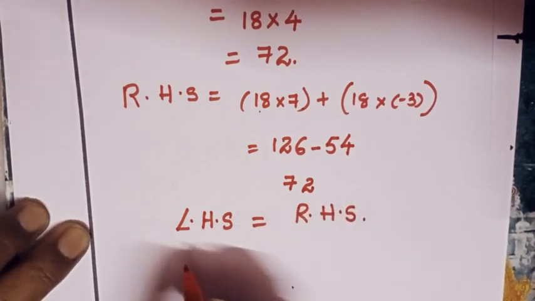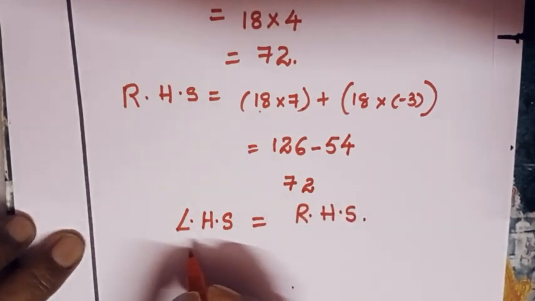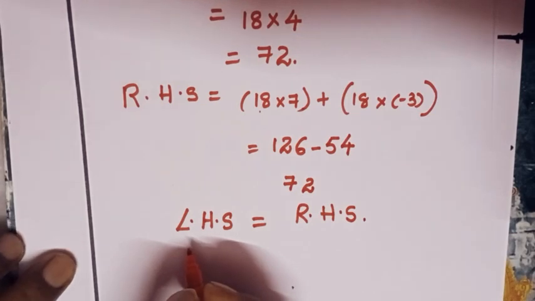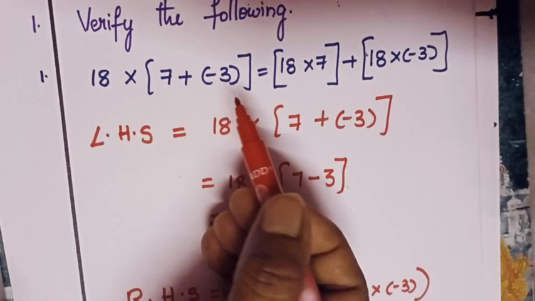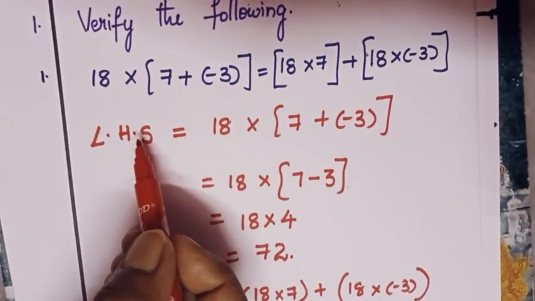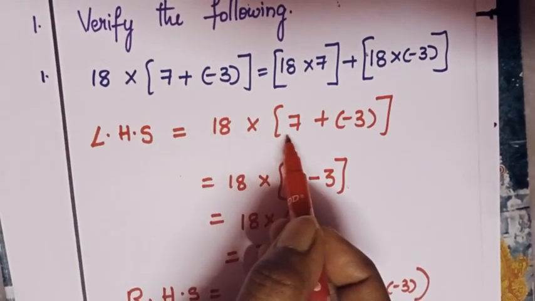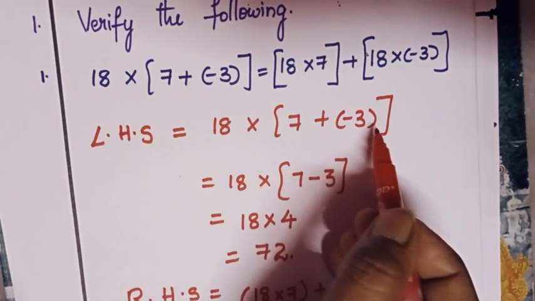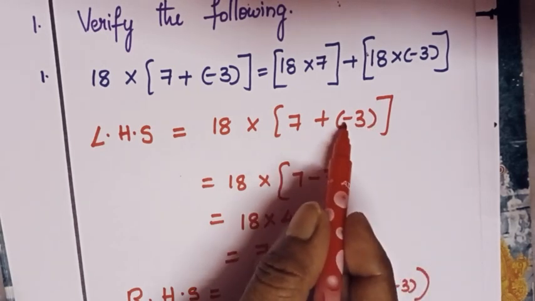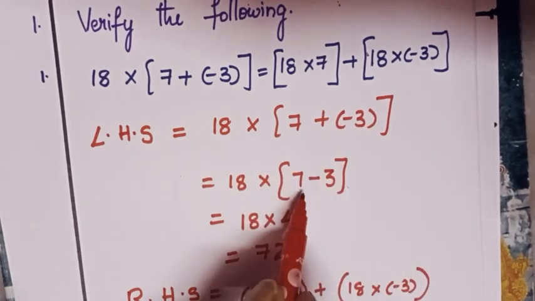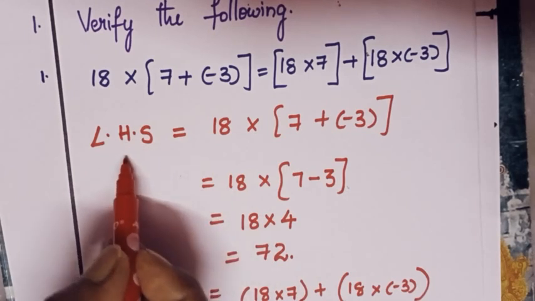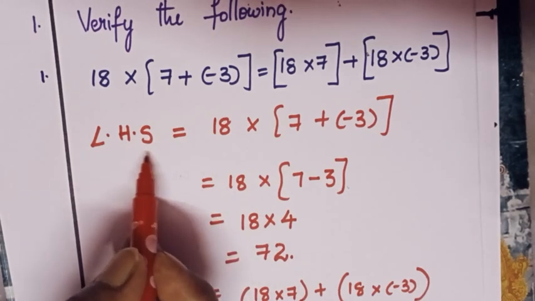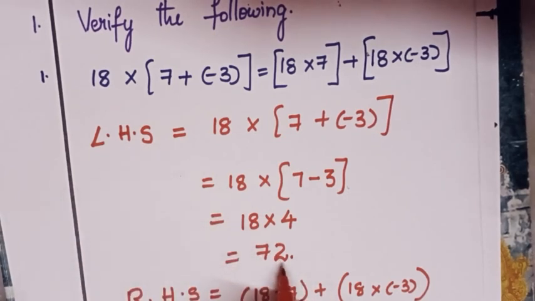Once again, I'll make you understand, children. First LHS, that is 18 into 7 plus of minus 3. Plus of minus is minus. 7 minus 3 is 4. 18 fours 72. So LHS, the left hand side, is 72.